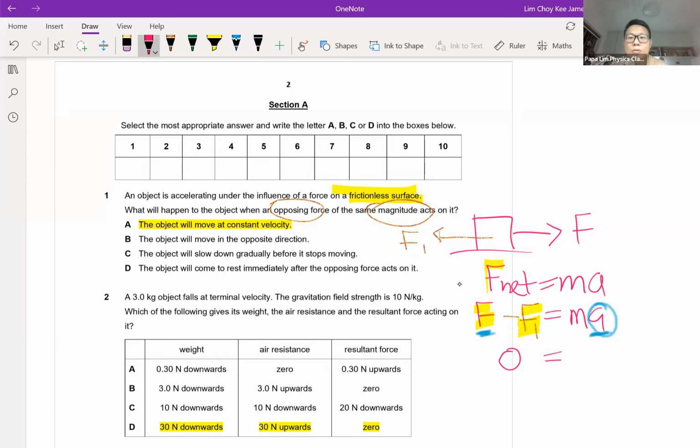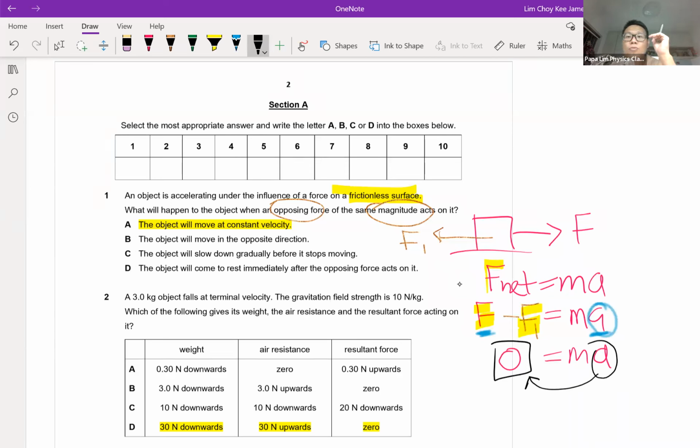So the difference between the two forces will be zero, which implies ma equals zero, and this implies that my acceleration is zero. Because the mass of the object cannot be zero, it only tells me the object is traveling at acceleration equal to 0 meters per second squared.